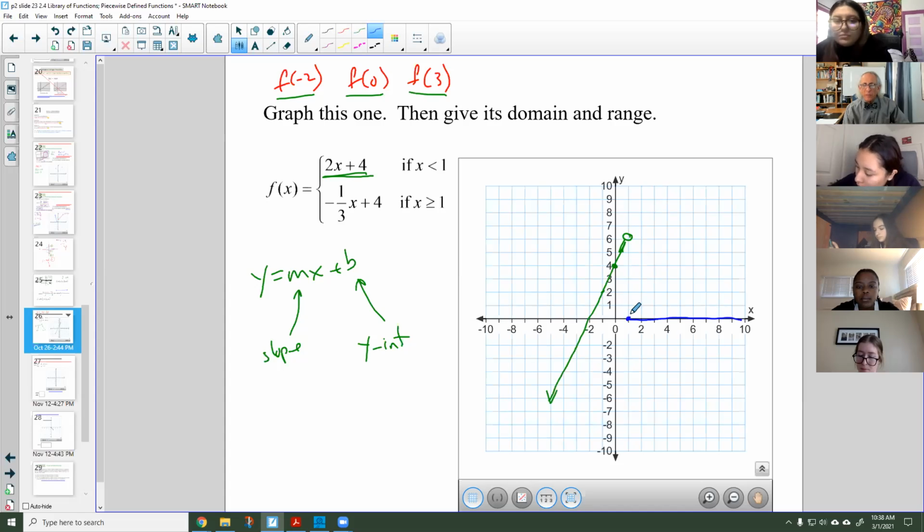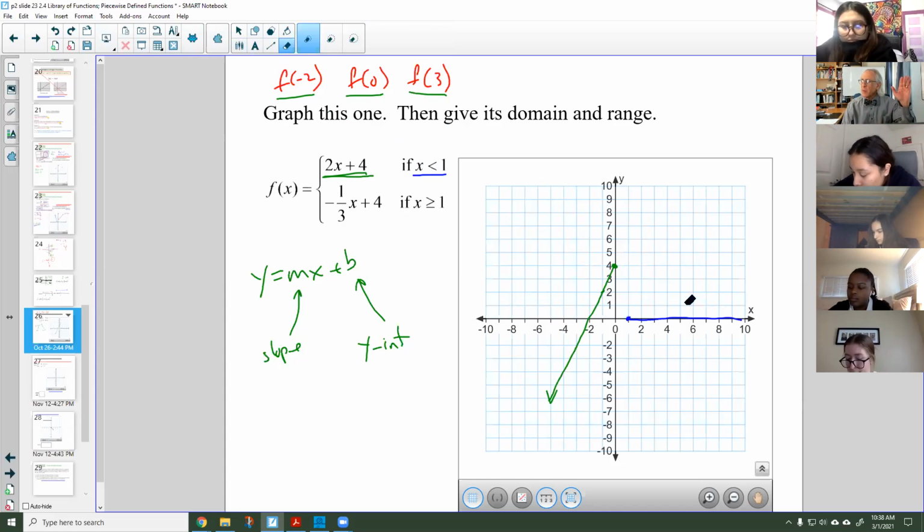But where x is equal to 1, it says no, I only want it to be less than 1. A very common mistake, listen carefully, is to say, oh, it says x less than 1, so that means I start the graph here at 0. How many people did that?